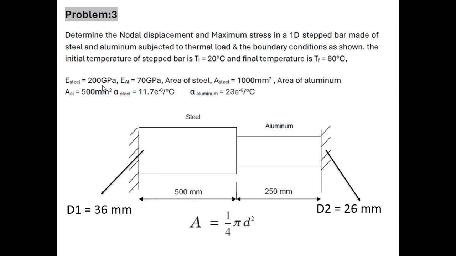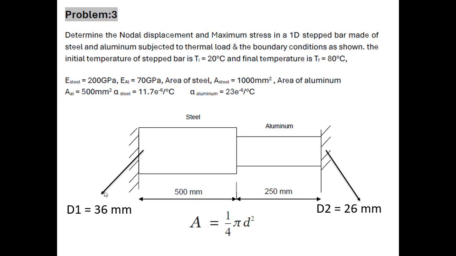Young's modulus of steel is 200 GPa, Young's modulus of aluminum is 70 GPa, area of steel 1000 mm square, area of aluminum 500 mm square, and coefficient of thermal expansion for steel 11.7 e power minus 6 per degree Celsius, and for aluminum 23 e power minus 6 per degree Celsius.